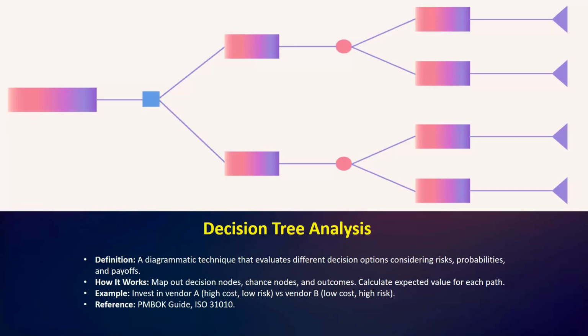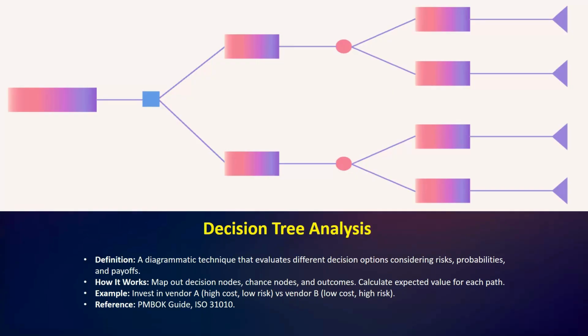So next we have decision tree analysis. Decision tree analysis is a great visual tool for making tough choices. It's a diagram that maps out different decision options. It helps you to see the potential outcomes of each choice, including the risks and their probabilities.